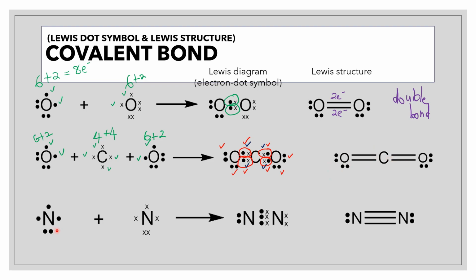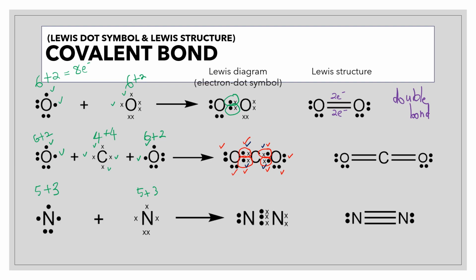And the last one will be nitrogen. Reaction between 2 nitrogen atoms. So in the first nitrogen, nitrogen has 5 valence electrons. So in order to achieve octet, it needs another 3 electrons. Sama juga nitrogen sebelah kanan. Dia masih memerlukan sebanyak 3 elektron in order to achieve stable octet configuration.